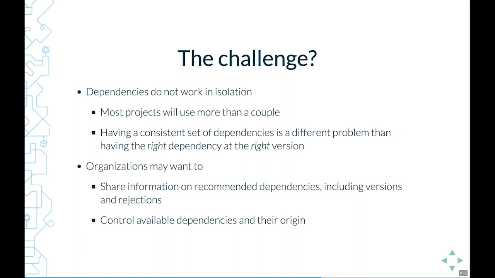So as you said, we're going a level up and we're working at, say, the company level. Something we see is that the dependencies that you get in the transitive graph actually do not work in isolation. That's because you depend on something that depends on something, and you can have interactions between all those components.